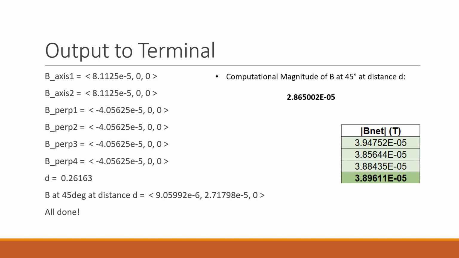Because there were a lot of entries on the actual output and I couldn't fit them all into one screenshot, I decided to copy and paste all the entries to the output here. We're going to pay more attention to the second to last line, the B at 45 degrees at distance d, for which I calculated the magnitude of that vector and got 2.865002 times 10 to the negative fifth.